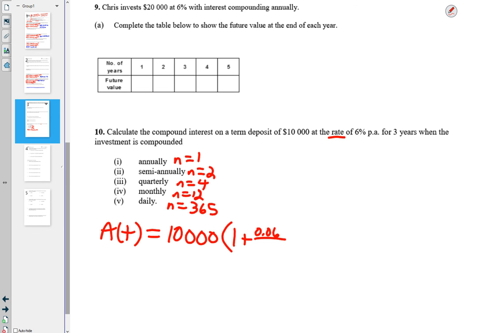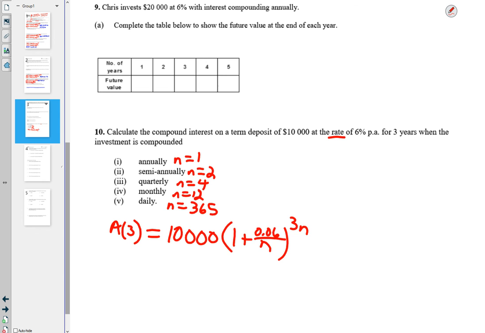Now the thing is, on all of these you're going to have to take turns dividing by a different number. Whatever each of those n's is, you would put that there, and then up here you would put n times the amount of time. I'm already plugging in 3 because it's 3 years, so you can put the power of.